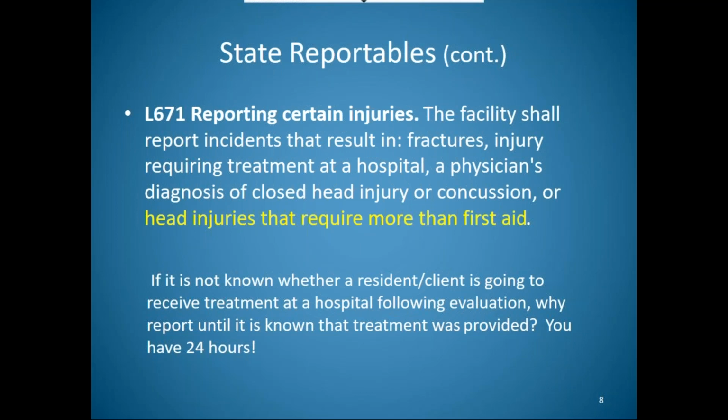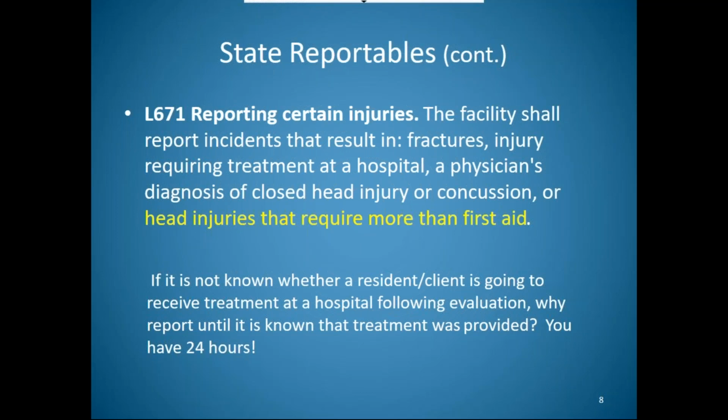So always think about, what is their diagnosis? Did they get a diagnosis of closed head injury or concussion? And when they were at the hospital, did they receive only diagnostic procedures, or did they receive treatment more than just a Band-Aid on a laceration?